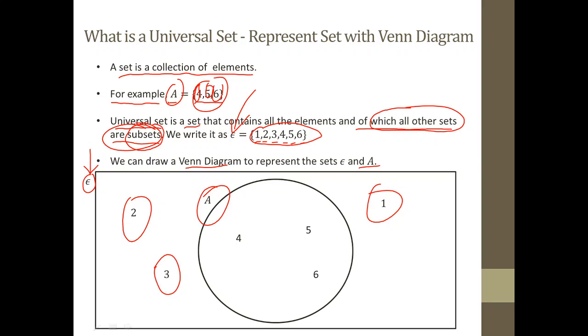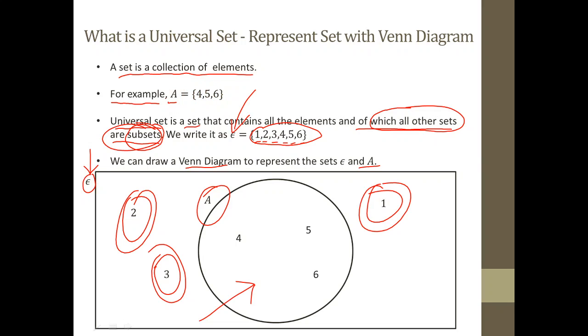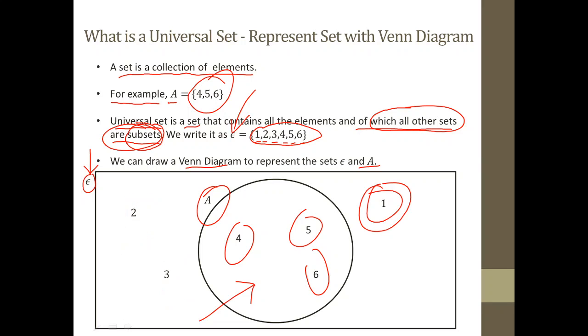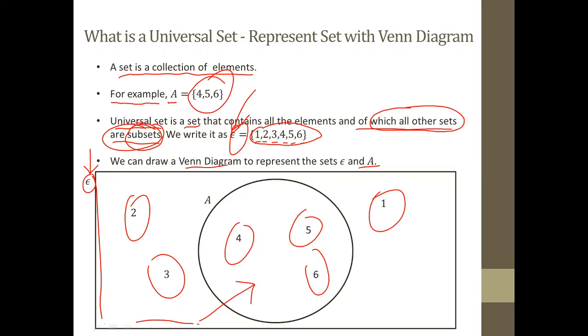Because the elements 1, 2, and 3 are not in set A. Only the elements 4, 5, and 6 are in set A. But the elements 1, 2, and 3 are in the universal set. That's why I put them outside the circle, or outside set A, but of course inside the universal set, which is within the rectangle.